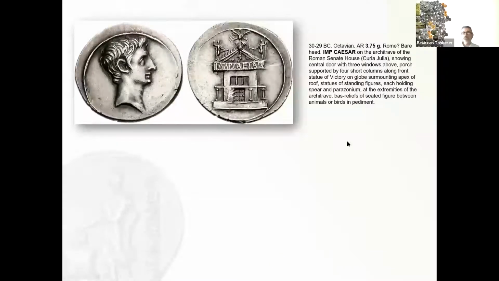This one is really interesting in that he wanted to show how he protected the Roman Senate. So on the obverse is his bare head, and on the reverse is the Roman Senate House, Curia Julia, with his title on the architrave.